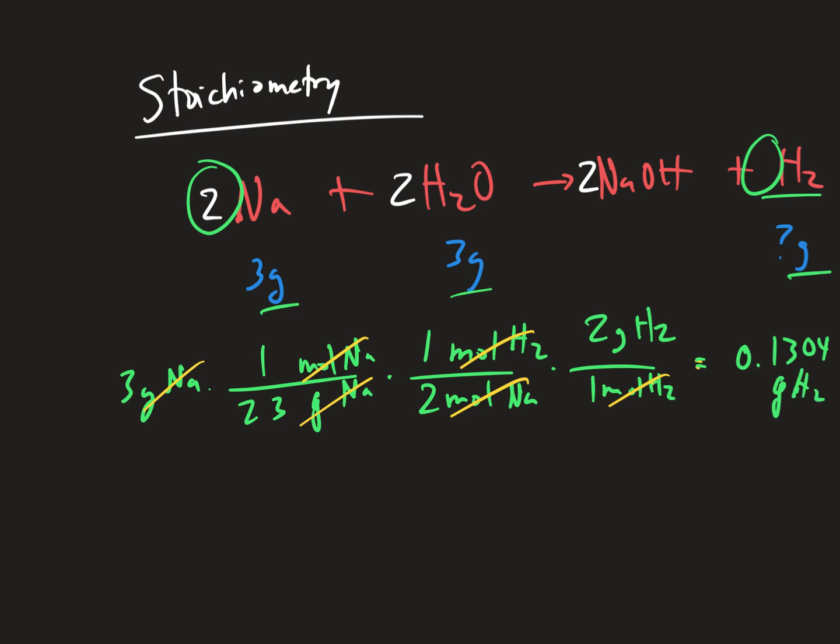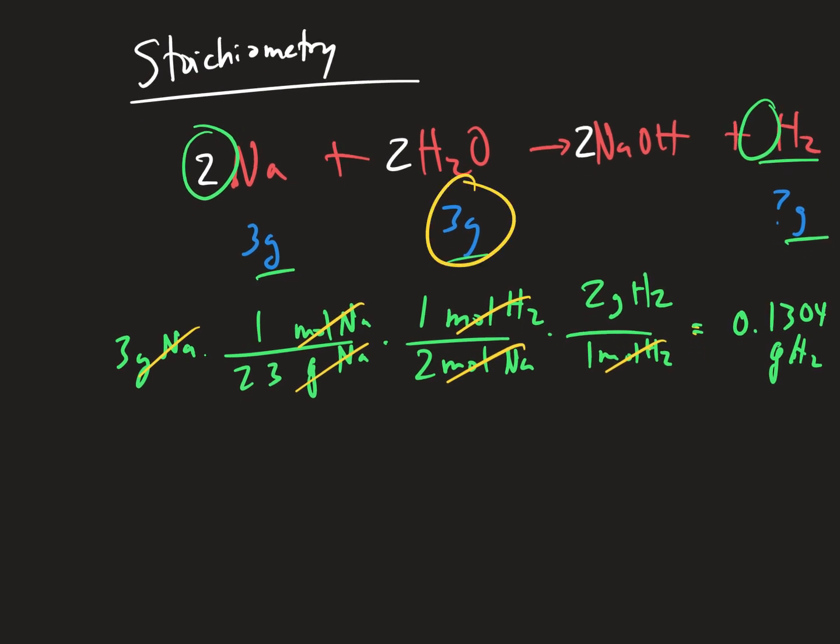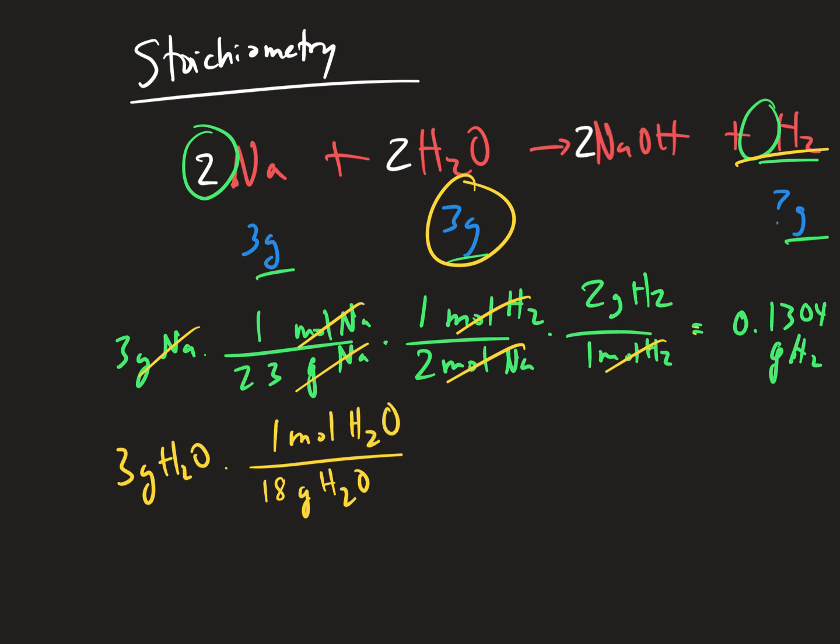Okay. And now we do 3 grams of water and convert it to grams of H2. What's the molar mass of water? 18 grams, right, per 1 mole. Do you have to memorize that, guys? No, just know how to calculate it. You with me? Am I going too fast?